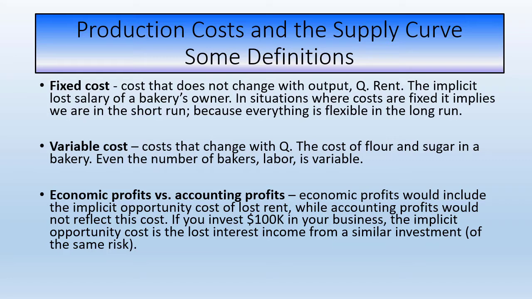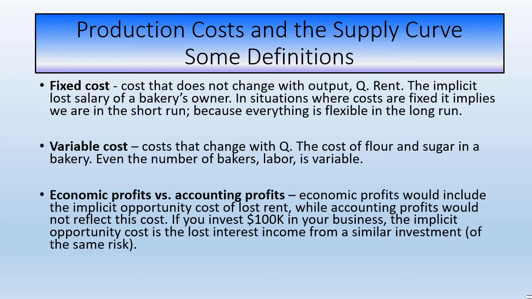Economic profits would include the implicit opportunity cost of lost rent in the commercial property example I gave you, while accounting profits would not reflect this cost. Also, if you invest $100,000 in your business, the implicit opportunity cost is the lost interest income from a similar investment, and the lost returns from a similar investment, assuming the same level of risk.